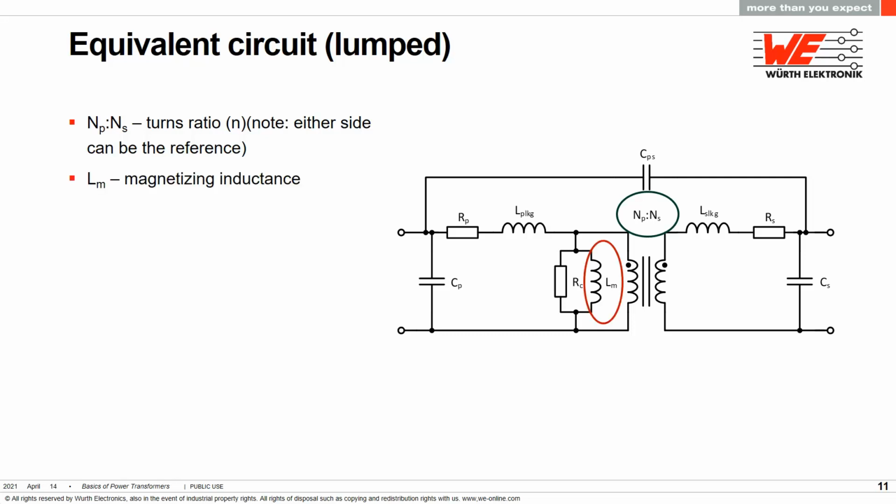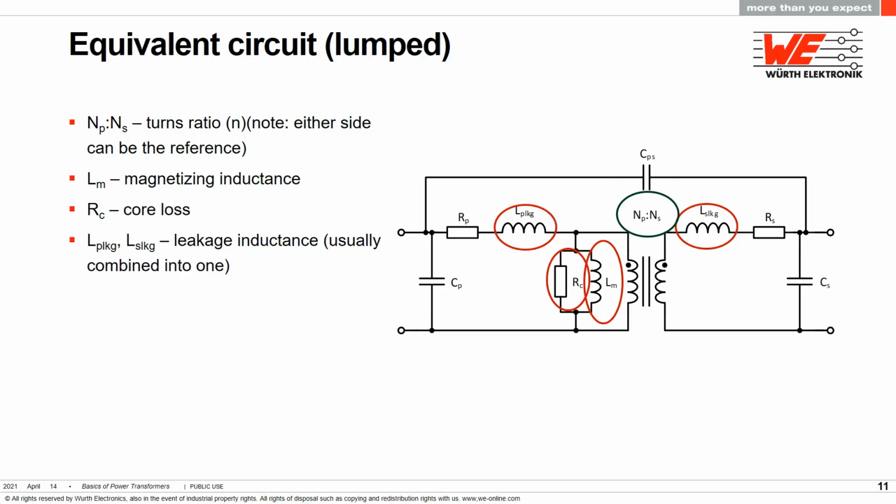We have the magnetizing inductance, which we showed you earlier. So you can see that it is in parallel with the output, so the current flowing through it is not going to deliver any power to the load. The same thing with the core loss, where we use RC to represent the losses from the core itself. Again, any current that flows through this path is not contributing to the output, so it's a loss element that we're trying to minimize.